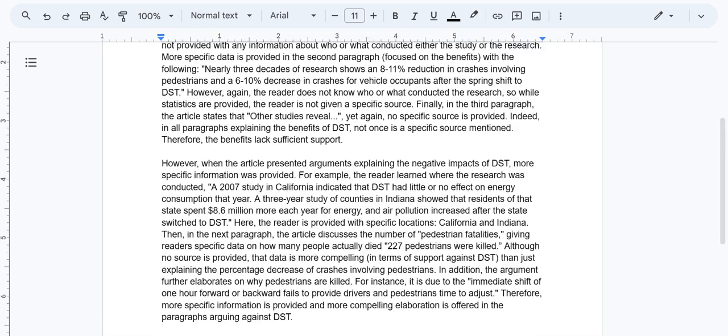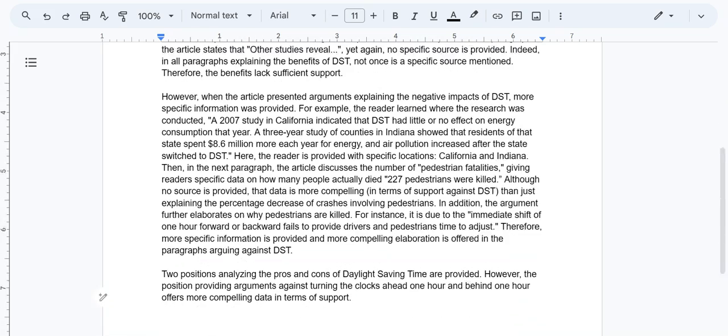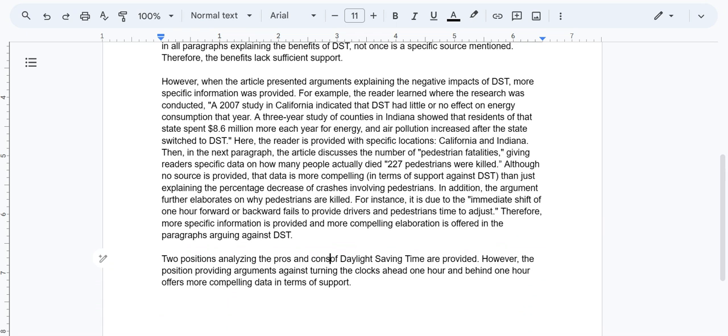Two positions, and rather than saying pros and cons again, I might change that to positives and negatives, or if I say benefits and drawbacks, it's a little bit similar. So I'm going to go with that. Two positions analyzing the positive and negative impacts of daylight saving time are provided.